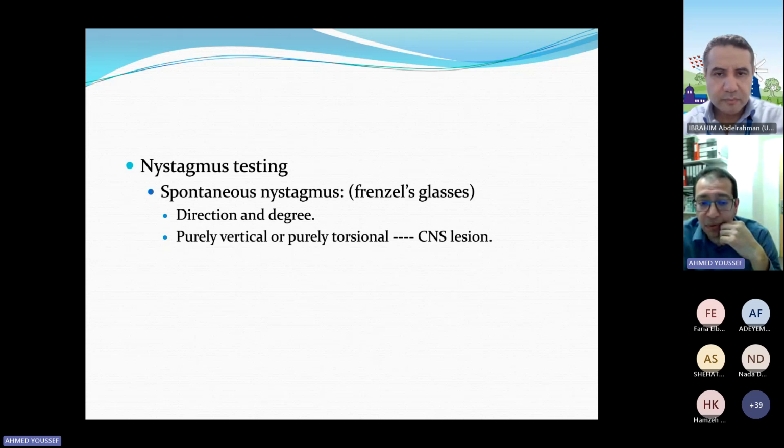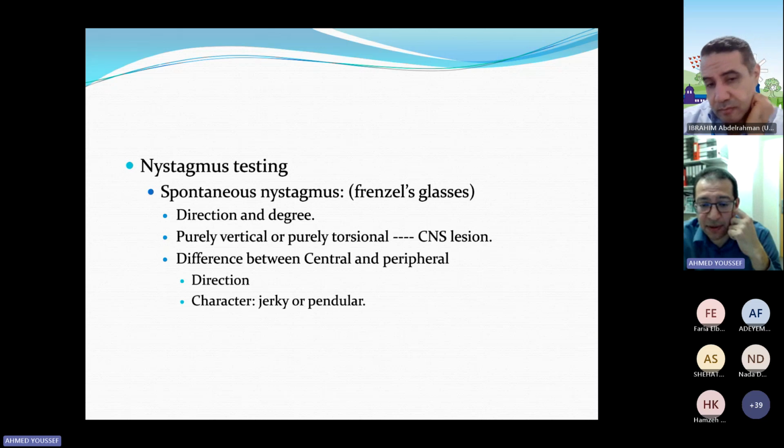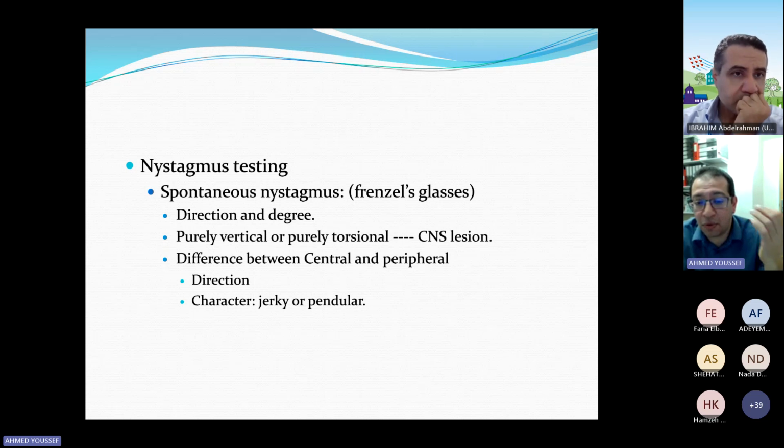Of course, we all know purely vertical or purely torsional nystagmus would suggest a central nervous system lesion. Then if you find the nystagmus, it's important to know if it is a central or a peripheral one, and you know that by the direction of the nystagmus. If the nystagmus is unidirectional, i.e. right-sided nystagmus or left-sided nystagmus in all directions of gaze, that fits with a peripheral one.